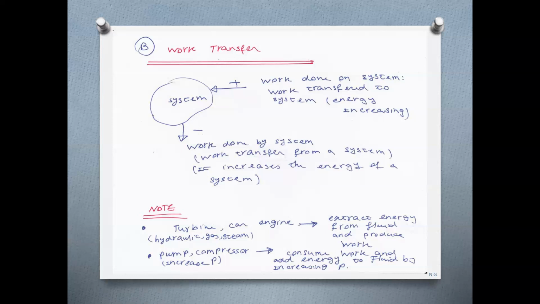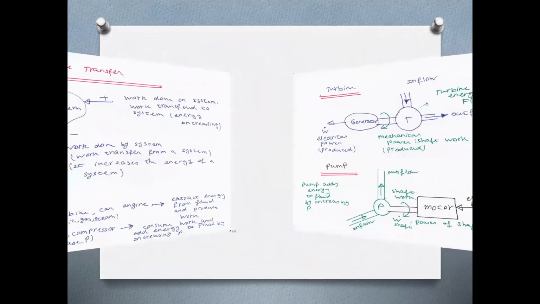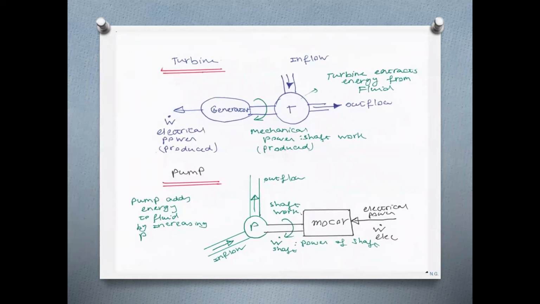What a pump does is increase the pressure of the fluid, so the pressure at the outlet of the pump is higher than at the inlet. So it adds energy to the fluid, but a turbine extracts energy from the fluid. We will get into details later on.